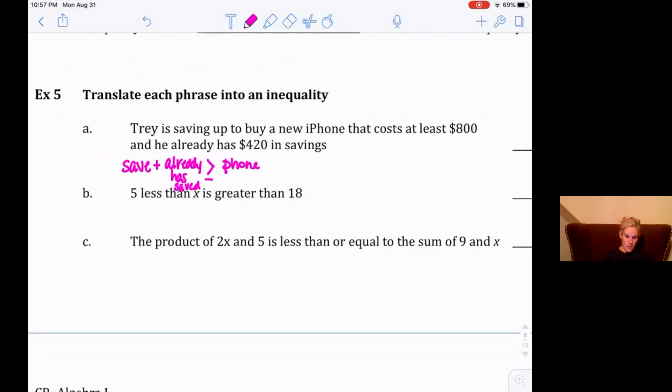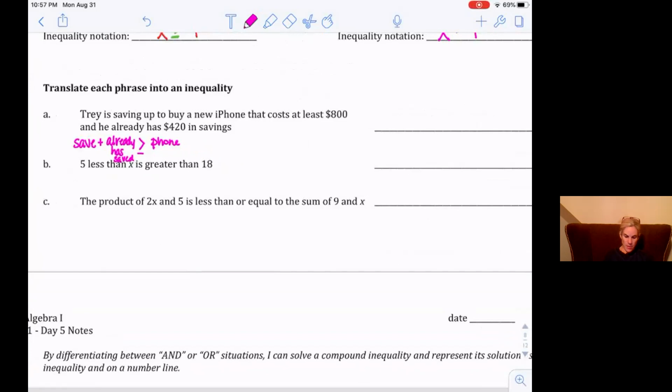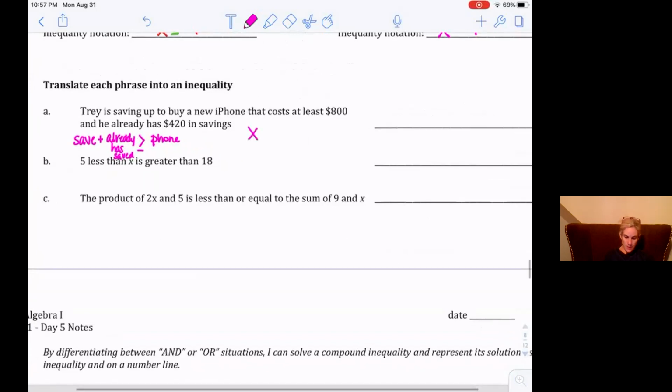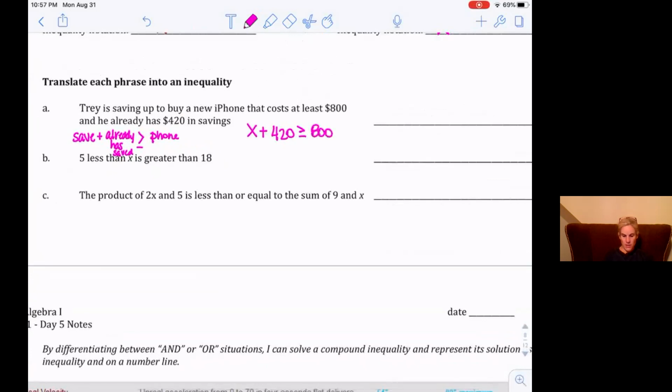We don't know how much he needs to save, so I'm going to say that part is x, plus the amount that he already has in savings, $420. That needs to be greater than or equal to the price of the phone, which is $800. So for this one, it would be x plus 420 is greater than or equal to 800.